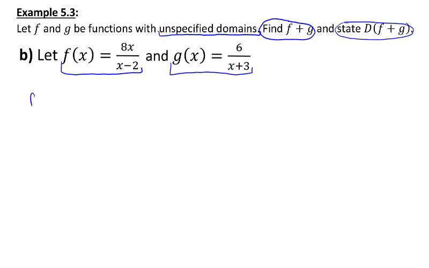Let's start with the equation. We're going to take f of x and we're going to need to add g of x. So in order for this to happen, we have to recognize that we are going to be taking two fractions and adding them together.